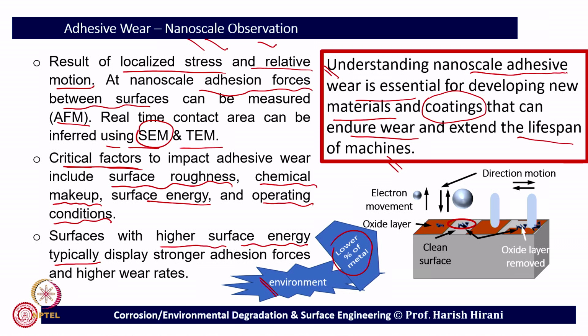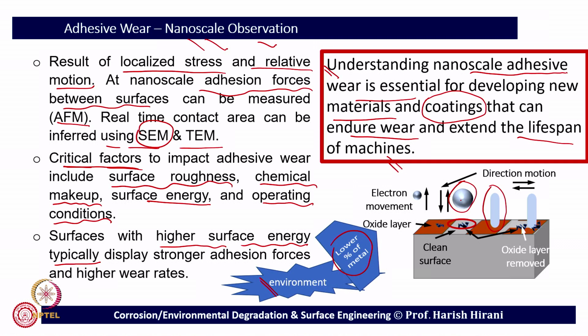We have this diagram to demonstrate how we perform an experiment at a micro scale or nano scale. Generally we have a pin, a cylindrical piece or a sphere, and then a substrate which has some sort of oxide formation on the surface.